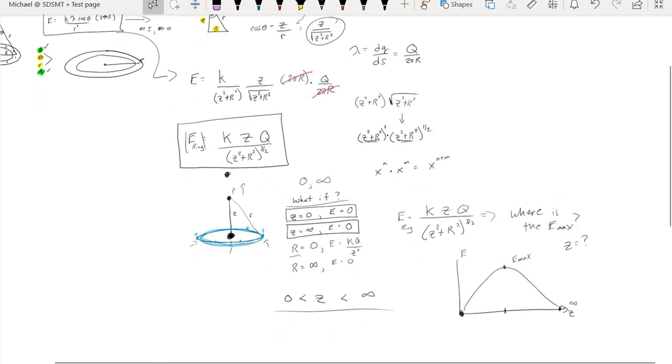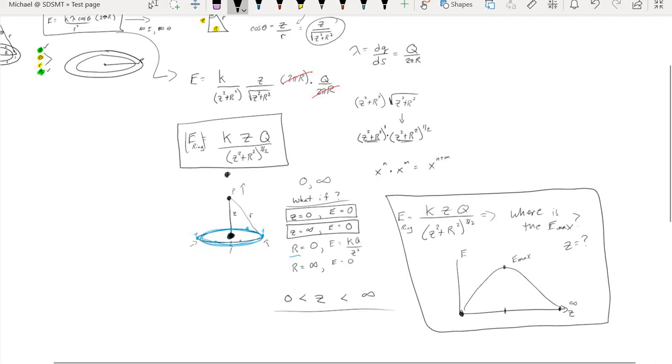I'm going to actually end the video here, and when we pick up with part 3 of this chapter, we will actually discuss how we're going to find the location of where our electric field function has its maximum.